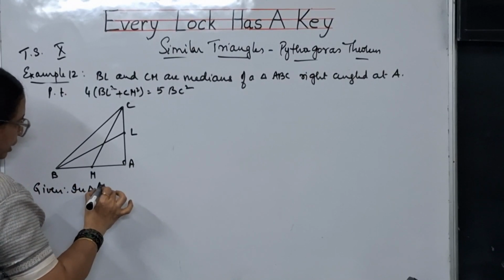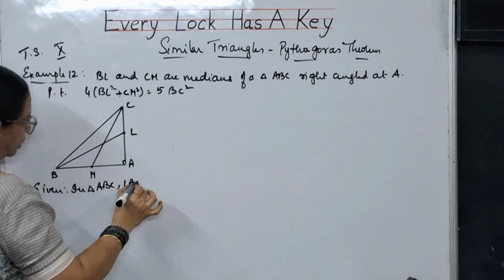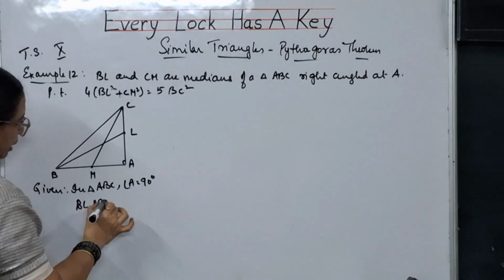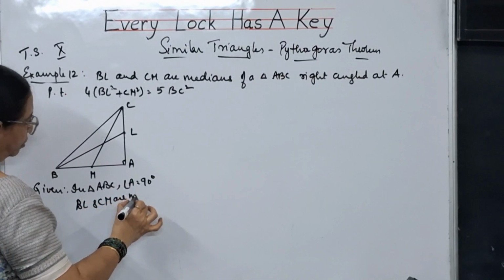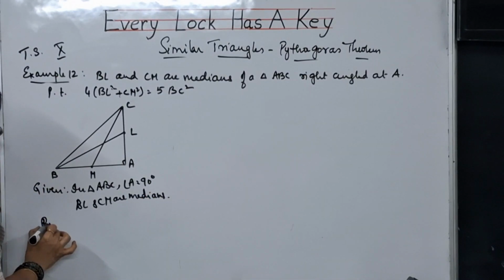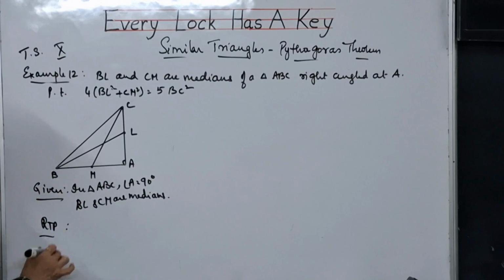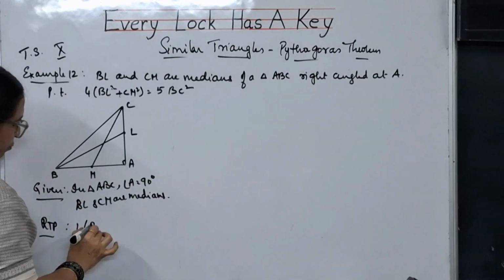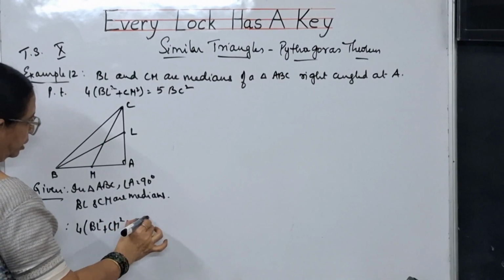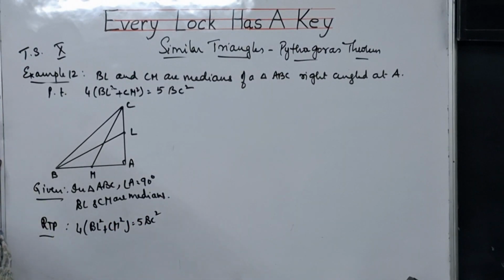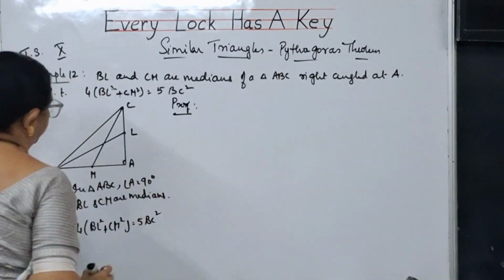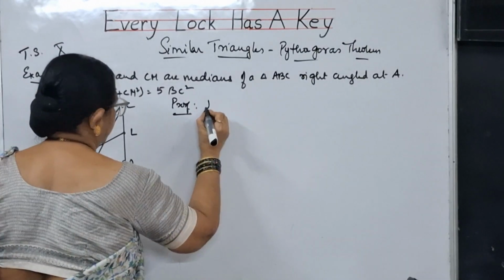So what is given to us in triangle ABC? Angle A is equal to 90 degrees. BL and CM are medians. What is required to prove? 4 times of BL square plus CM square is equal to 5 times of BC square. Now let us see the proof. First you take triangle ABL.